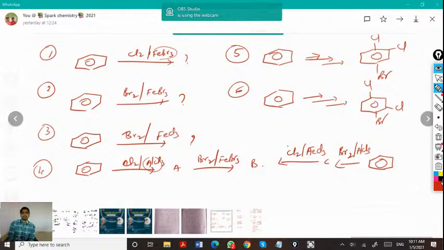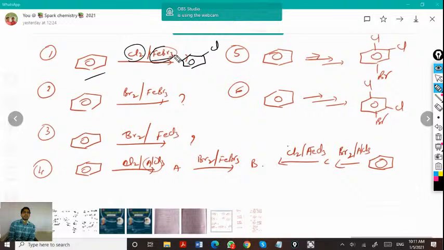So the first question: benzene in presence of chlorine with the Lewis acid. It's a halogenation reaction, so electrophilic substitution, chlorination is going to happen.